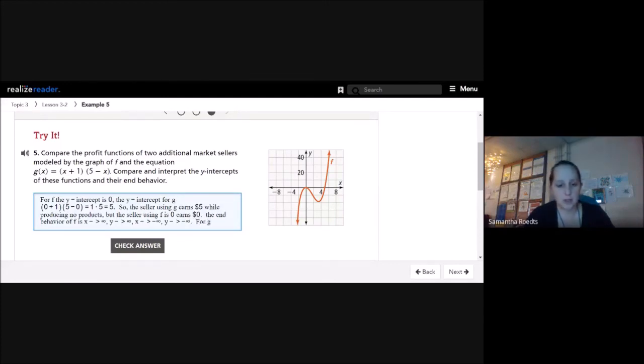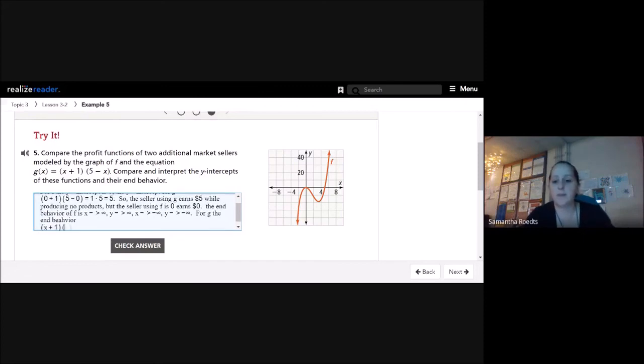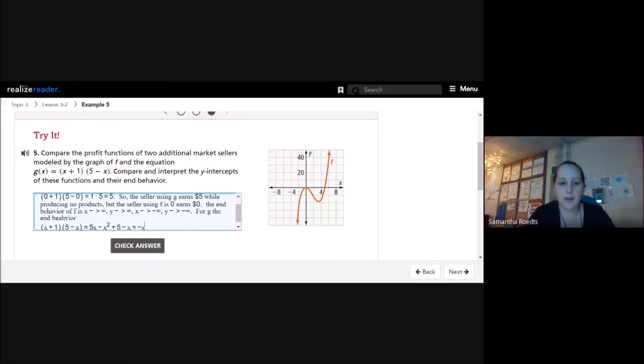For G, the end behavior: multiply x plus 1 times 5 minus x, which equals 5x minus x squared plus 5 minus x, which equals negative x squared plus 4x plus 5.